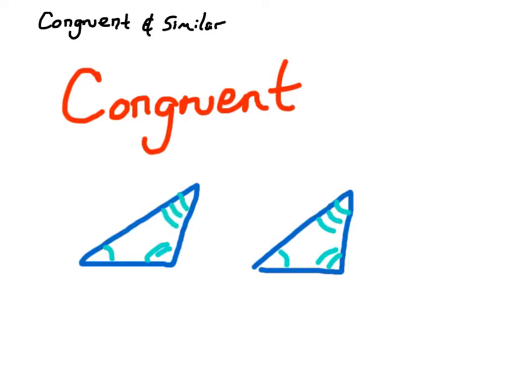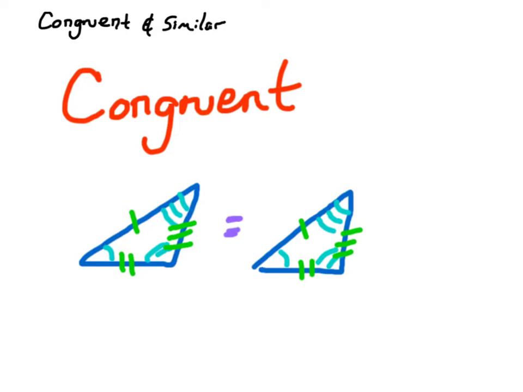Furthermore, you are also saying that the side lengths are all equal. So in essence, I have identical shapes. There is no difference. They are the same. That means they are congruent.